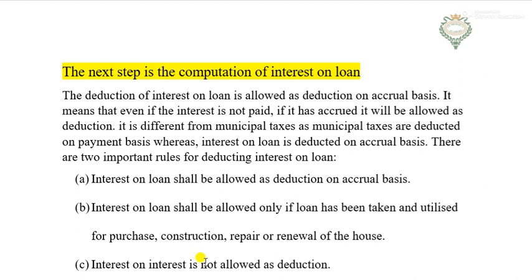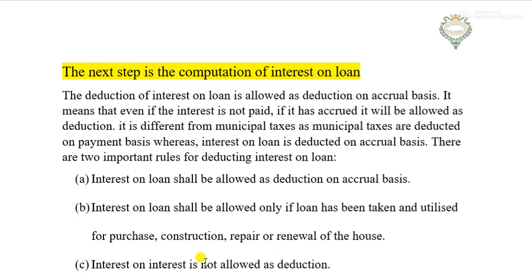Suppose he has taken the loan to purchase a house, to construct his house, repair his house, or renew his house. Okay, four causes. If he takes a loan for these four causes, then the interest that he is paying on the loan shall be allowed as deduction.